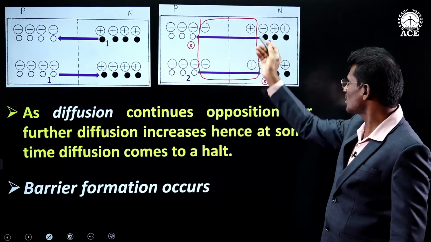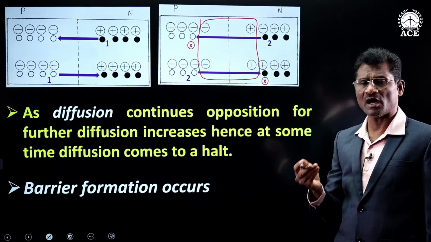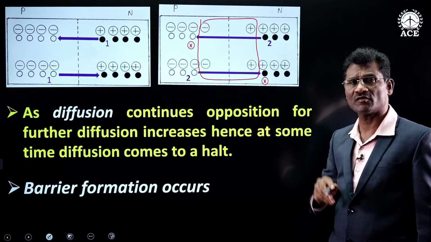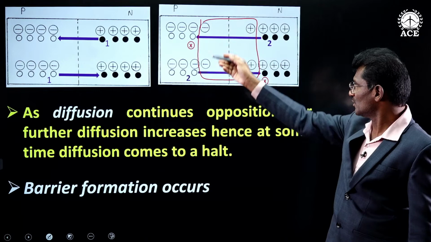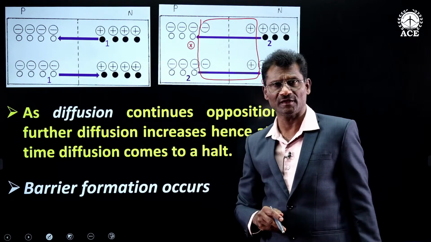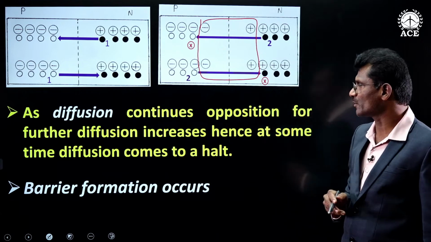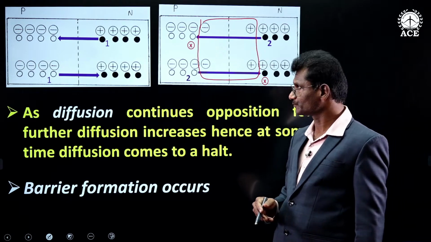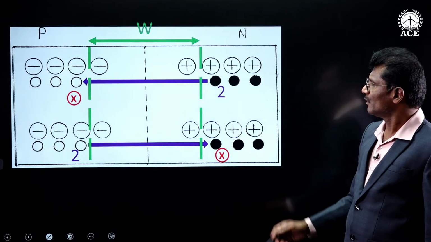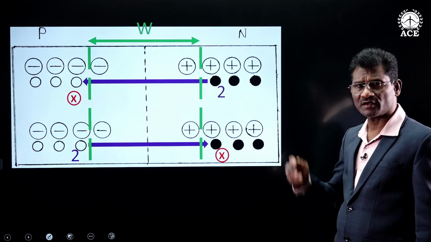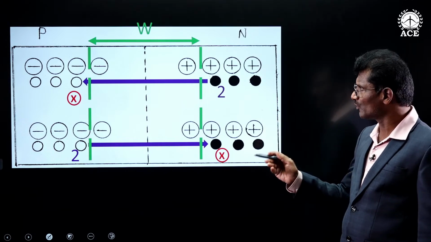So these central positive and negative ions are stopping the second level of diffusion, and hence these ions or this area is given the name barrier. So due to formation of barrier, diffusion comes to a halt. Now this barrier has some different names. We'll look at them one by one.